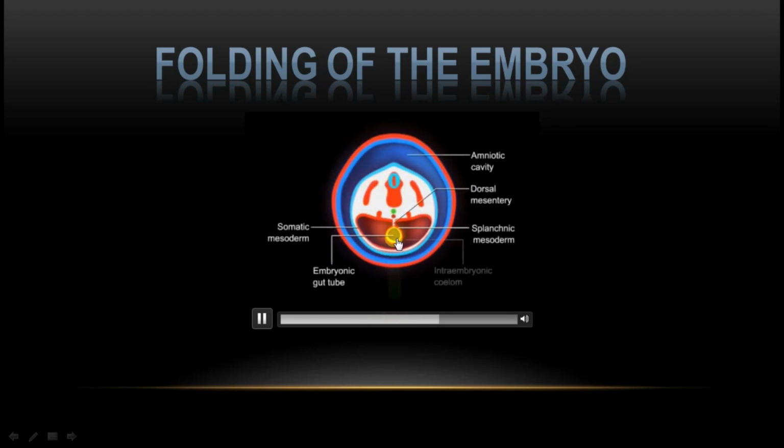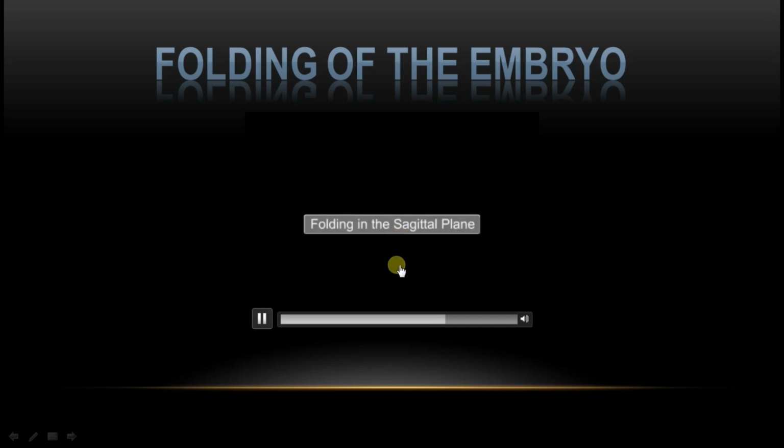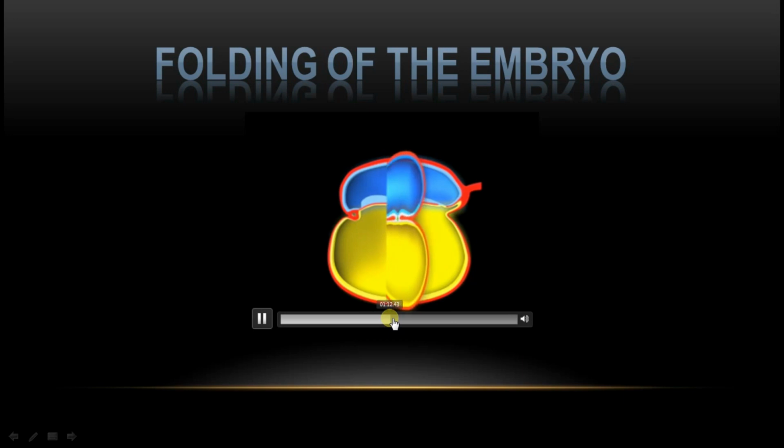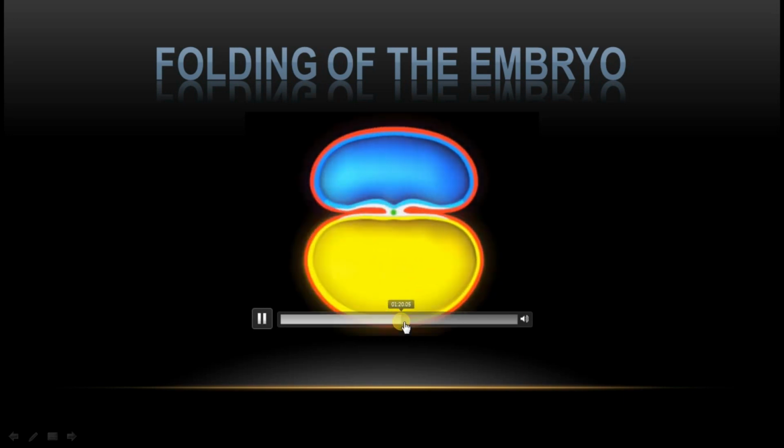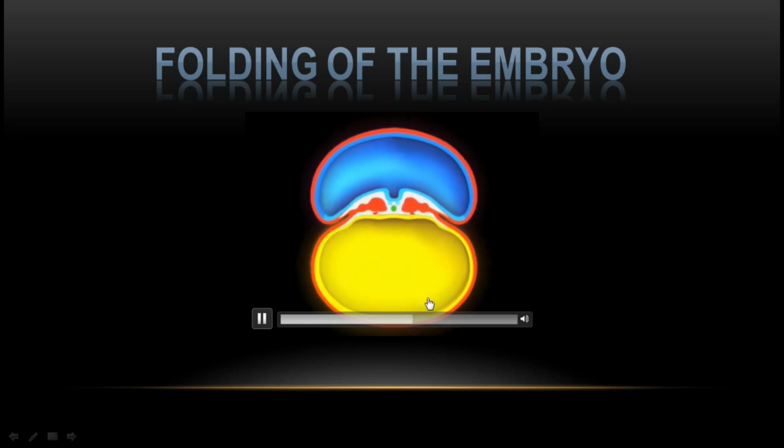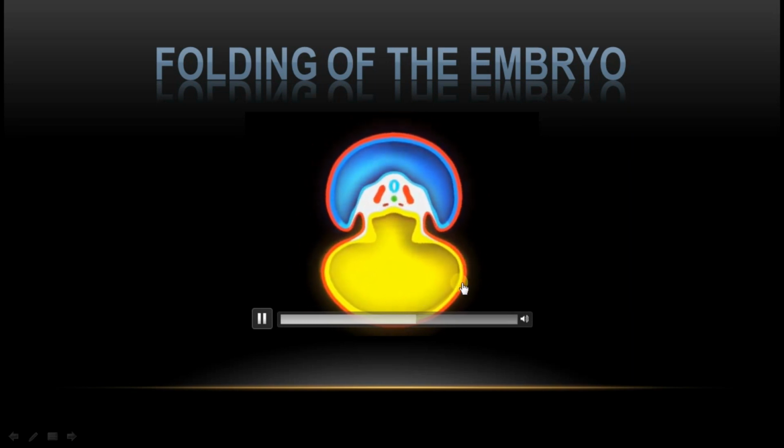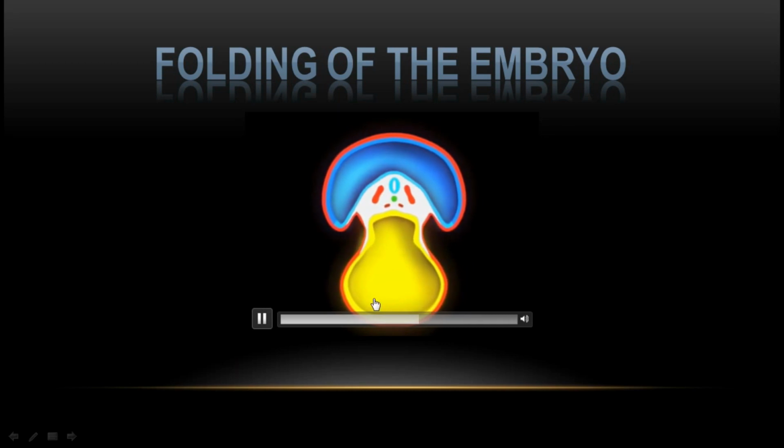The splanchnopleuric mesoderm forms the muscular layer of the gut tube, inner circular and outer longitudinal.